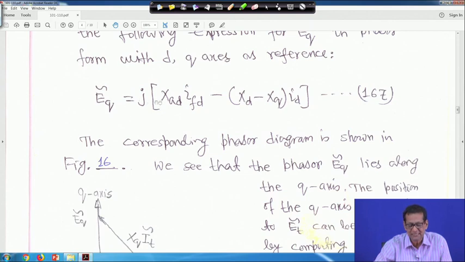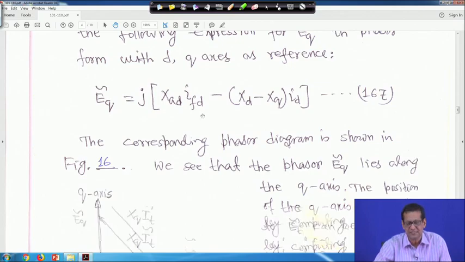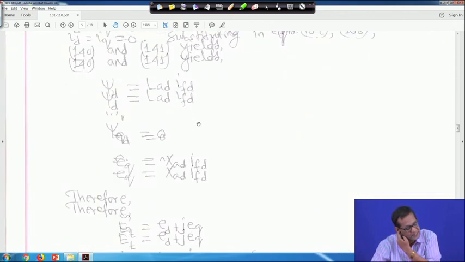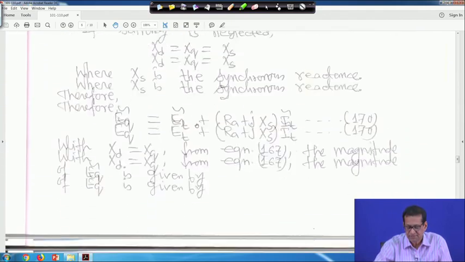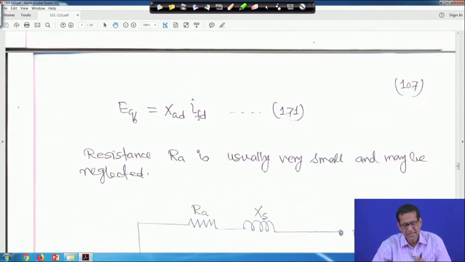So it will be only j xad Ifd, but if you take the magnitude, then Eq will be only xad into Ifd. So, capital Eq is equal to xad into Ifd. This is equation 171.